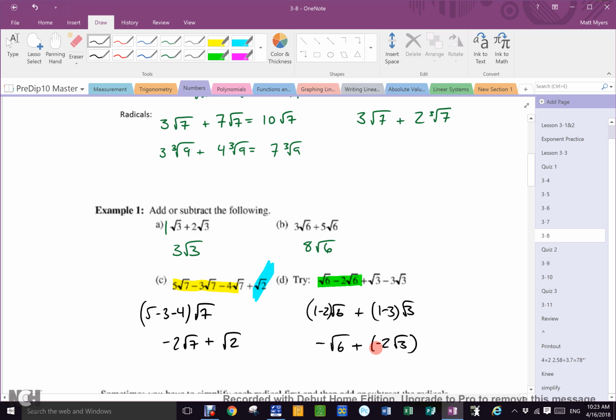How would we write that more tidily for math people purposes? Negative root 6 minus 2 root 3. Can everybody understand the principle behind adding and subtracting radicals? It is not complicated. You know it already, except you know it with x's and y's. Yeah?